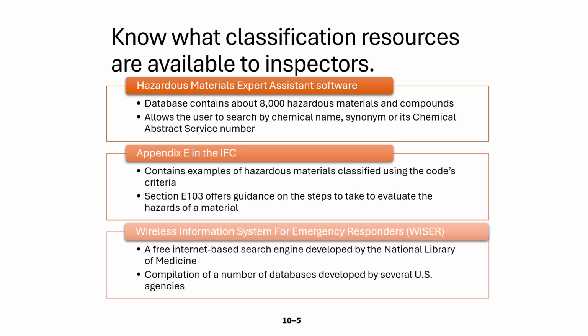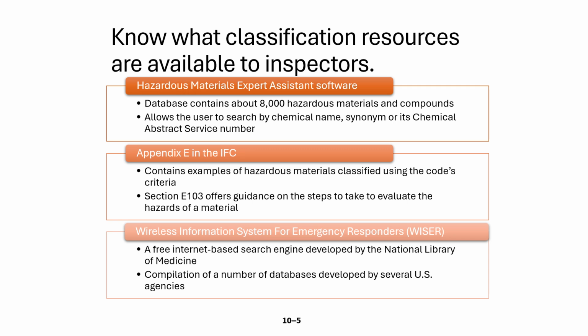Section E103 offers guidance on the steps to take to evaluate the hazards of a material. So if you're using the International Fire Code, take a look at that appendix, get familiar with the code and how it addresses and categorizes hazardous materials. The back end of the IFC is chock full of evaluating hazardous materials and how they're being used.